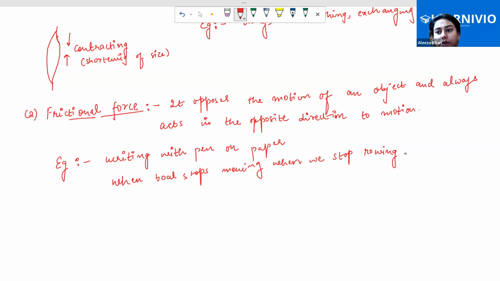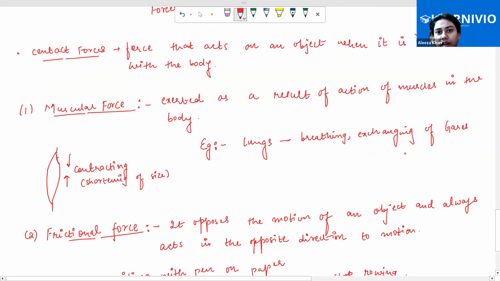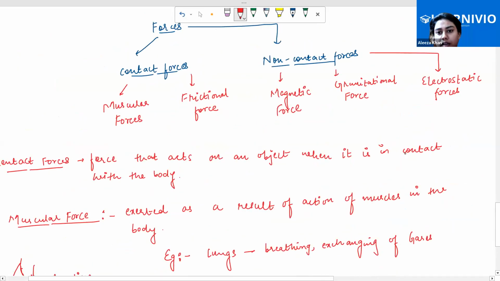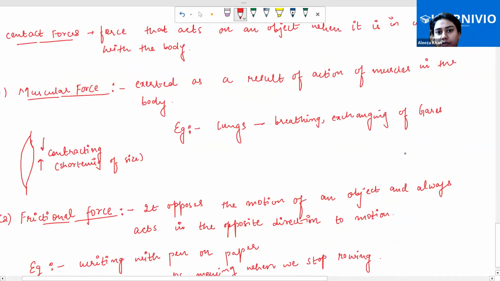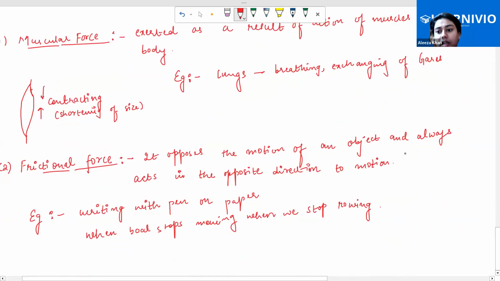Ieshal, I want you to write about the contact force. First, draw this flow chart and write about the contact forces, muscular and frictional. I'm giving you 2 minutes, dear.